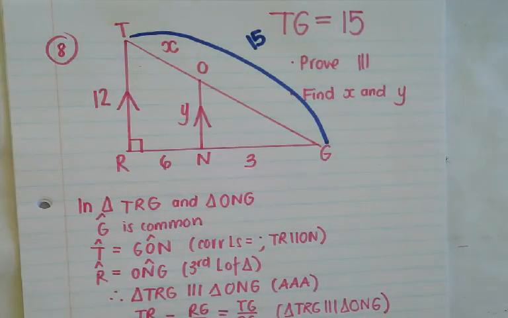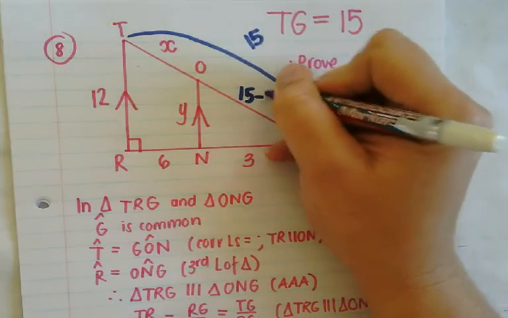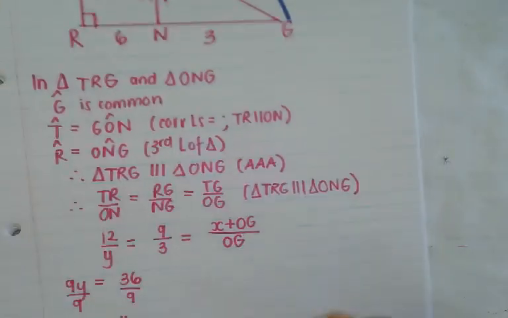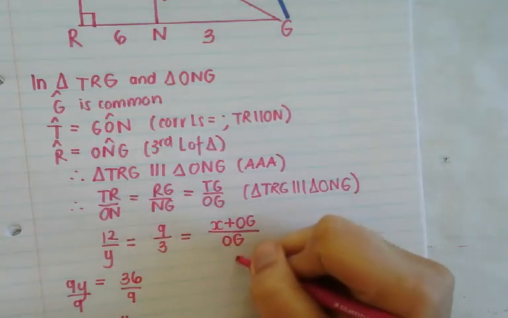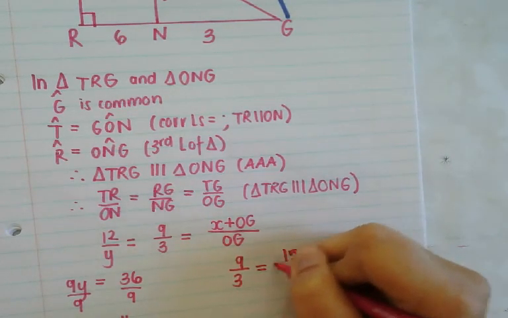X is TO. What would OG be if I have 15 and I have X? 15 minus X. So let's go replace that. I know that the entire TG is 15.